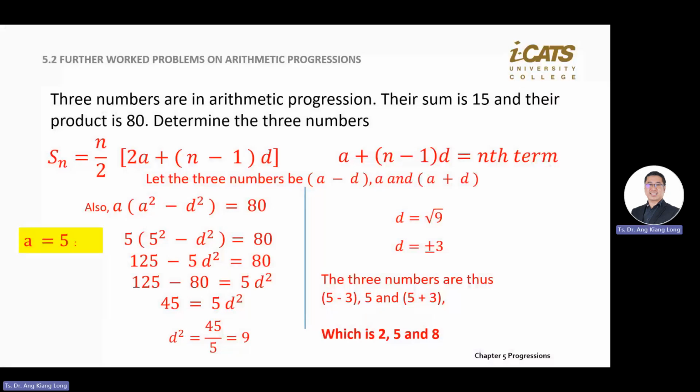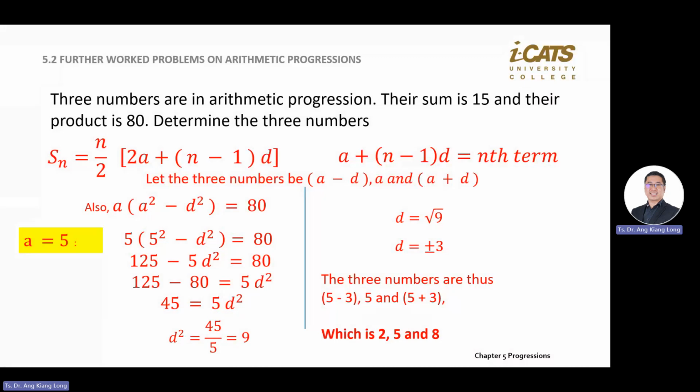This one, you can just tell me what is the first number, second number, third number. You need to tell me what is your D. D equal what? Is it a positive value or negative value? If it's both, then both are correct.